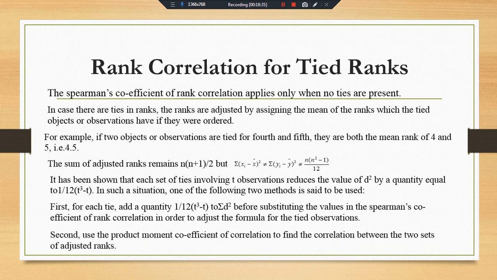The second method is to use the product moment coefficient of correlation to find the correlation between the two sets of adjusted ranks. So these two methods can be used for finding the rank order correlation if there are some same observations in your data series.